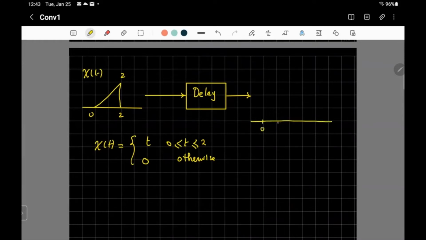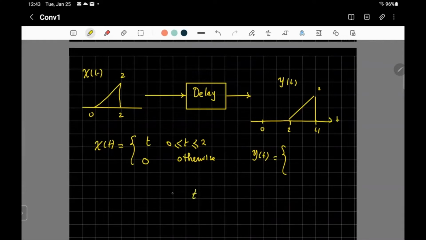So that's 0, 1, 2. So from 2 to 4, nothing happened to the amplitude. That will be y of t. So y of t will be equal to, now what is the equation of this function? Let's just try here.